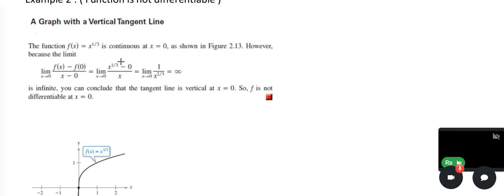First I simplify this: x power 1 by 3 divided by x, this is x power 1, so cancelling gives 1 over x power 1 minus 1 by 3, which is 2 by 3. So it is 1 over x power 2 by 3.